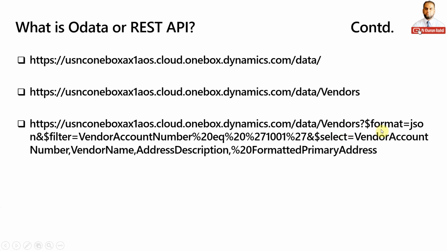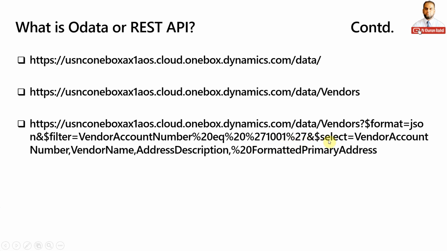So in this way, for example, you can see here $format=JSON. So it gives you a JSON format in return, and then you also put a filter on vendor account number, then a space, then eq and a space, and then you give a specific vendor number, which is here 1001. So it will return only that specific vendor number.